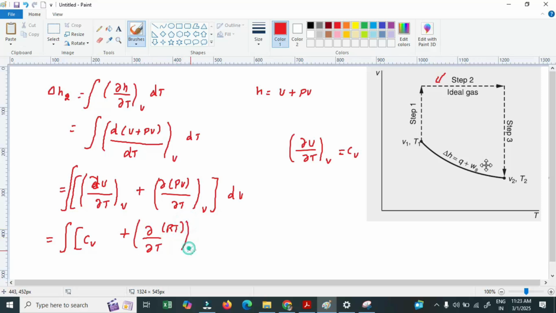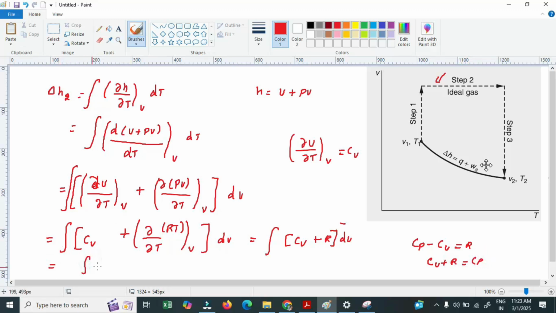So I have Cv plus R, and again from the basic fundamental property relationship, Cp minus Cv equals R. Therefore, Cv plus R equals Cp.